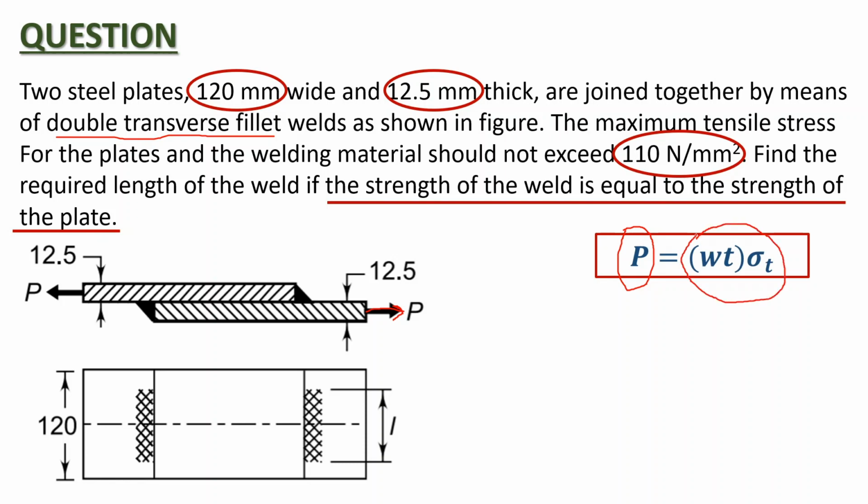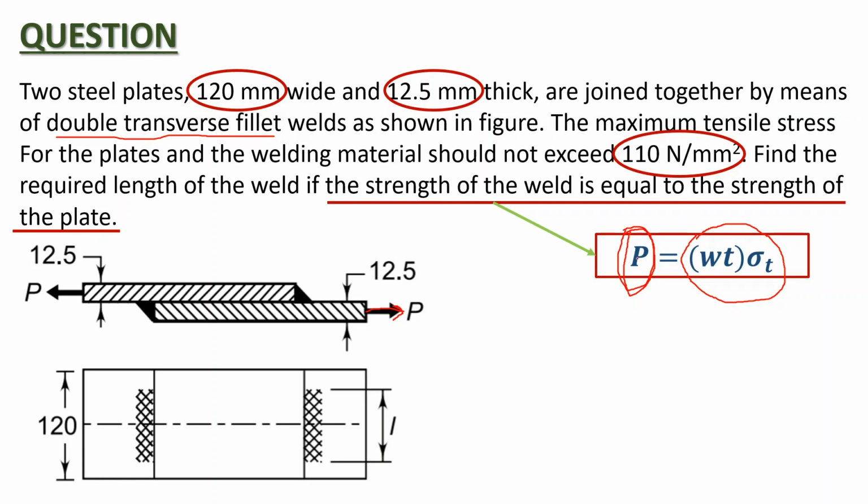This is the strength of the plate, or the maximum load which the plate can withstand before failure, and this is the maximum load which the weld can withstand before failure. In the question it is given that both these quantities should be equal.